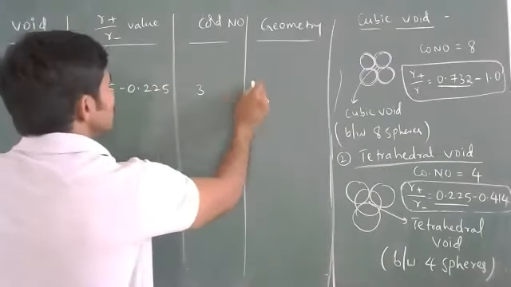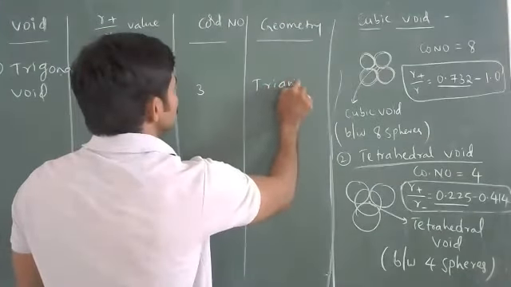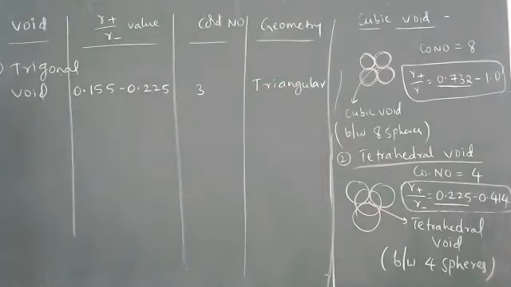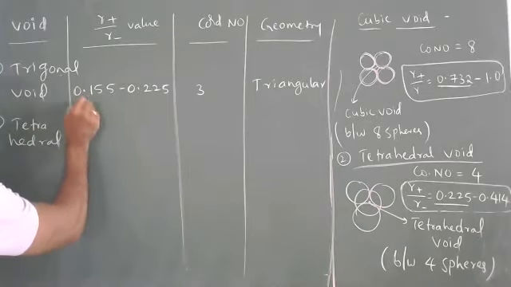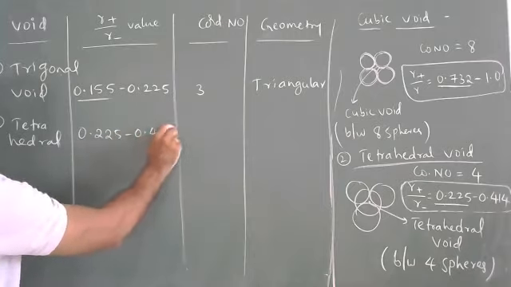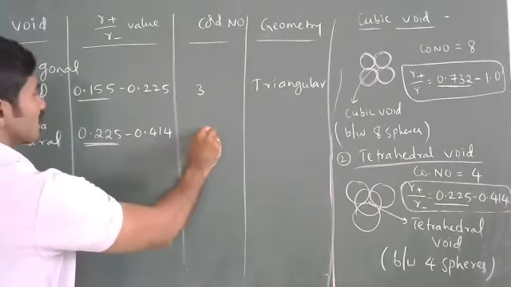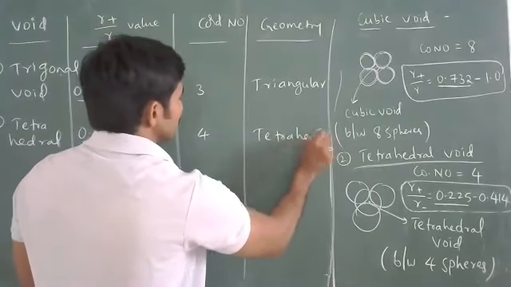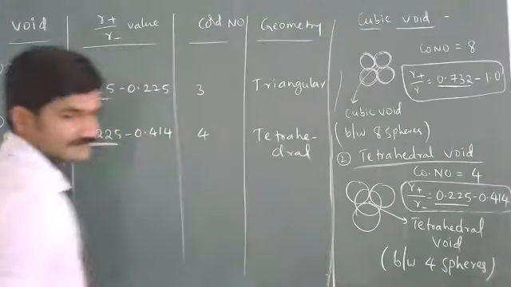Coordination number 3, geometry triangular shape. Next, tetrahedral. 0.225 to 0.414. This is coordination number 4. Geometry tetrahedral.